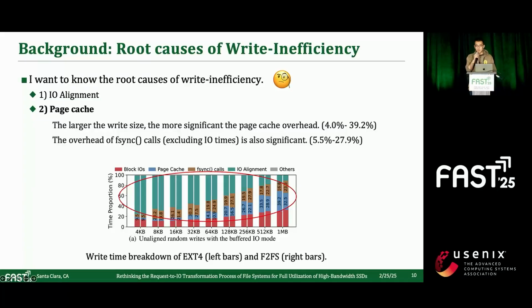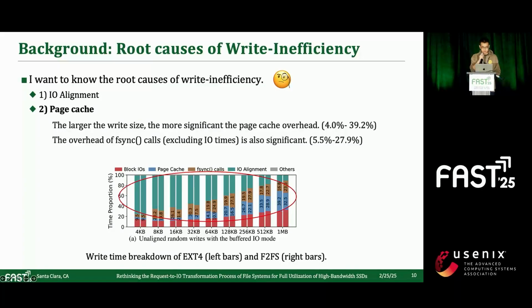For example, for 1 megabyte writes, the page cache overhead accounts for almost 40% of the overall write time, which is equal to the time spent on SSD I/Os. Additionally, the fsync overhead is also significant. In the 1 megabyte write case, over 60% of the time is spent on page cache management and BIO assembly of fsyncs.